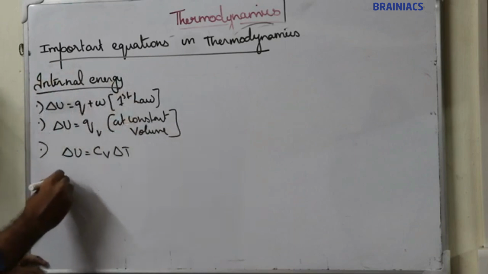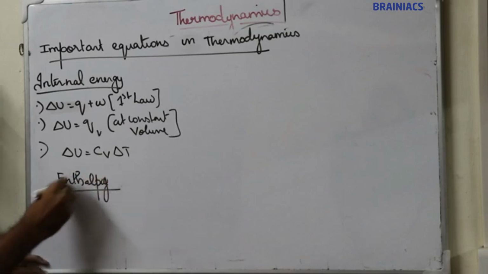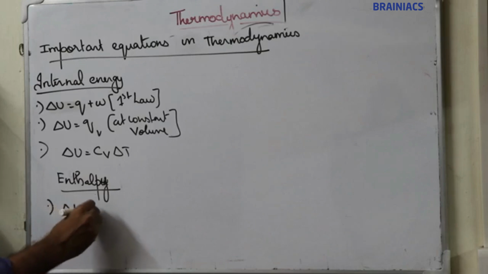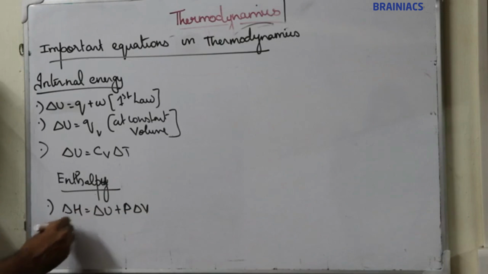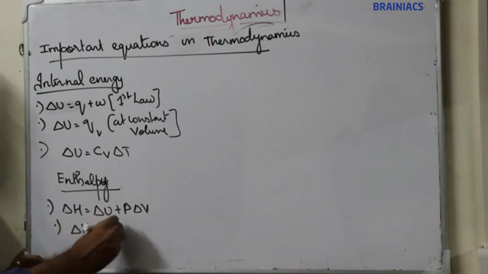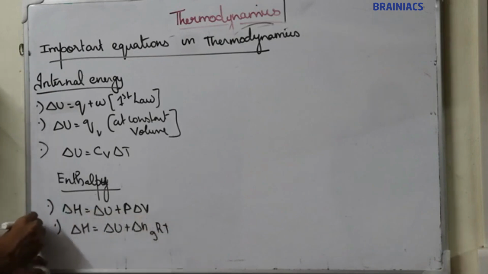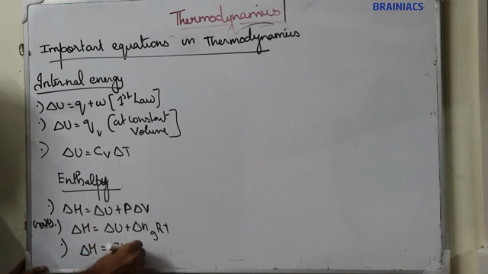Now enthalpy. For enthalpy, we discussed nearly 5 equations. First equation, delta H is equal to delta U plus P delta V. Second equation, delta H is equal to delta U plus delta n RT, and this equation is used for gases, right? Third equation, delta H is equal to QP at constant pressure.